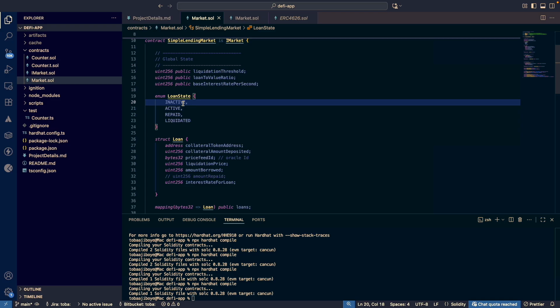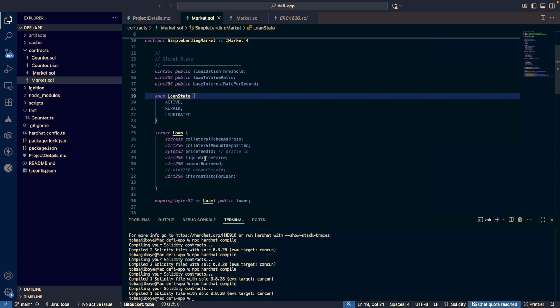Think about this very carefully. Enums are important when you are able to set a default. If you use an enum, it exists in one of these states at the same time. So will a loan ever be inactive? No. A loan is either active, repaid, or liquidated. A loan is never inactive because if you've not borrowed, there is no loan. So this doesn't make sense. So this is fine.